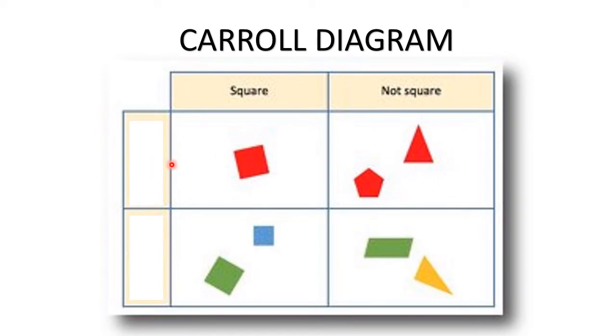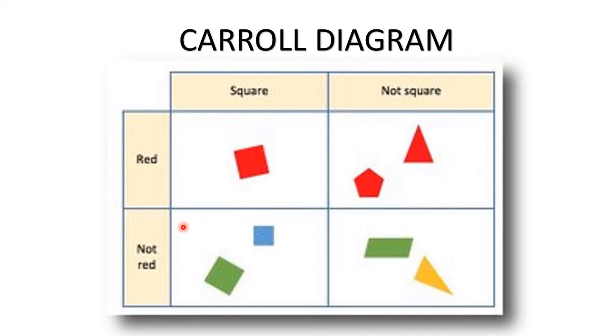In the first row here, can you think of the rule? Yes, it's easy, right? All of these shapes are red. And so the rule for the second row is not red.